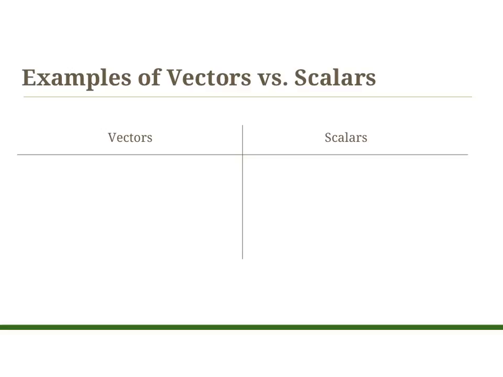So vectors could be defined as something like going 50 feet to the right. The 50 feet is the magnitude and the right is the direction. Whereas a scalar would simply be something like 50 feet, which doesn't tell me much.